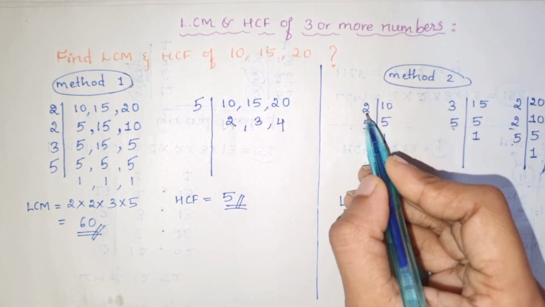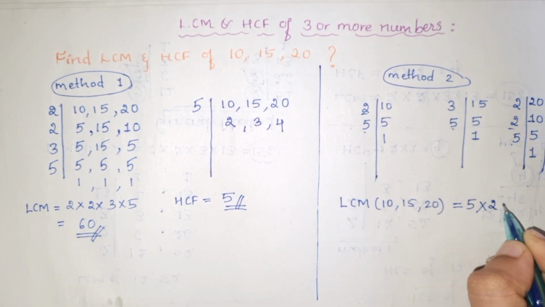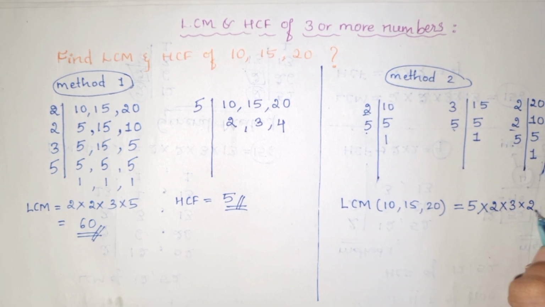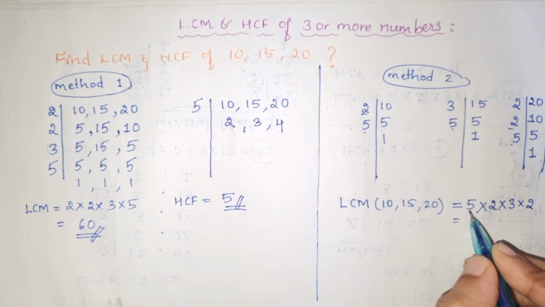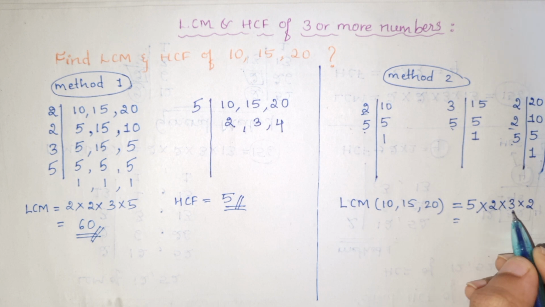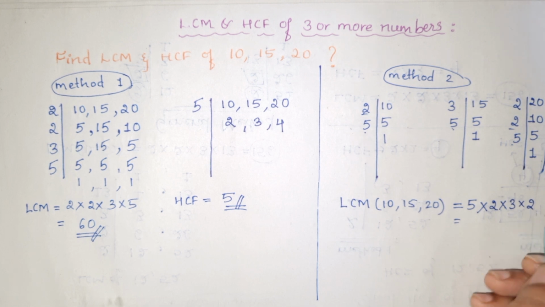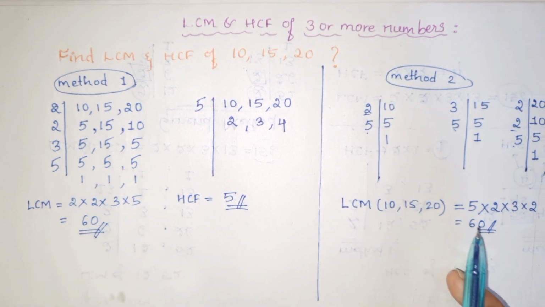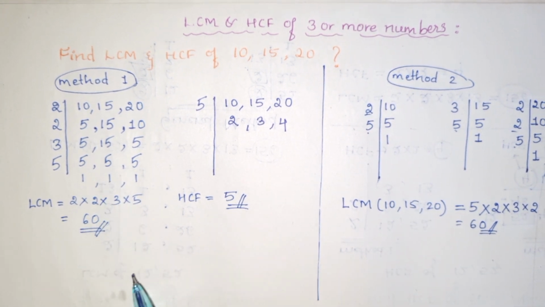These also will write it only once. So 2. Remaining numbers we can write as it is. So there is 1 3 remaining and 1 2 remaining. So it is 5 into 2 into 3 into 2.